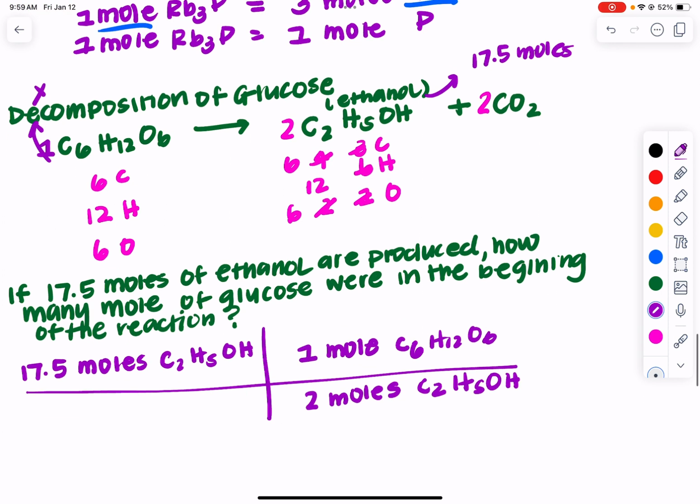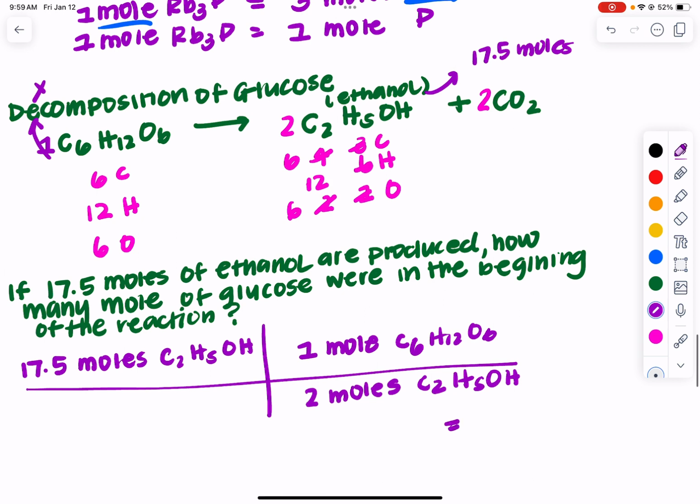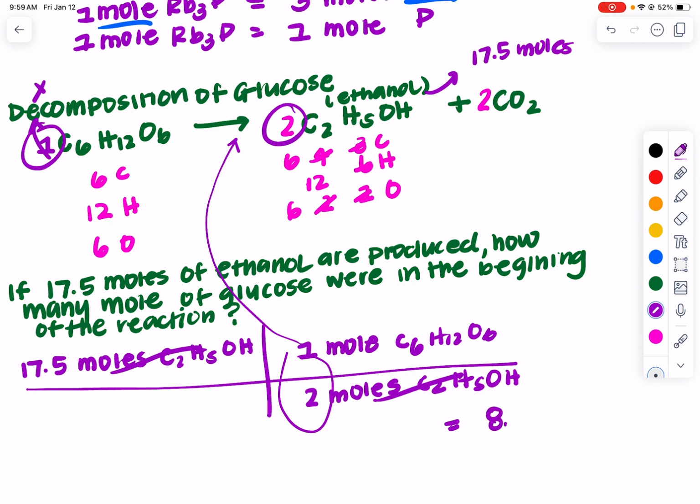So our math is just 17.5 divided by 2. Our moles are going to cancel. I got this directly from the balanced equation in a 1-to-2 ratio. It's going to give us 8.75 moles of C6H12O6. Super simple. And you can see here that my significant figures are in agreement.